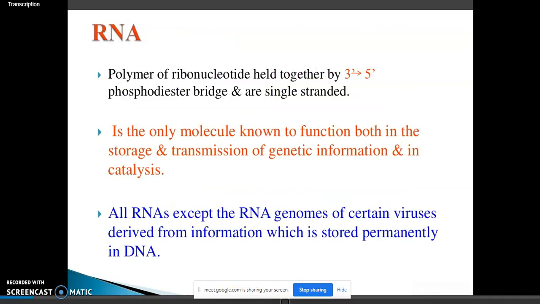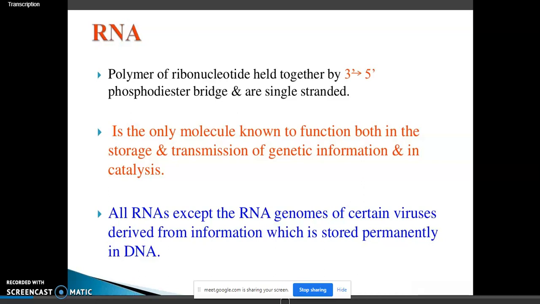So let me tell you some basic facts about RNA. RNA is a polymer of ribonucleotides. What about DNA? DNA is a polymer of deoxyribonucleotides. But here we are discussing RNA. RNA is a polymer of ribonucleotides held together by 3' to 5' phosphodiester bridges, and they are single-stranded.